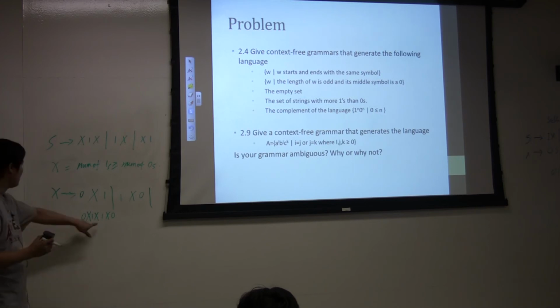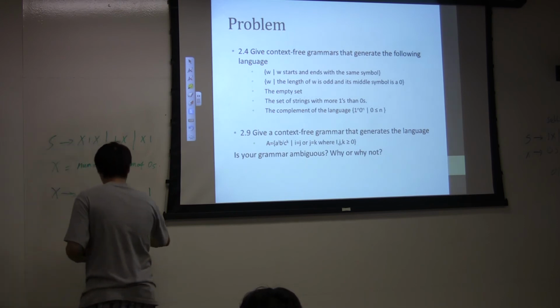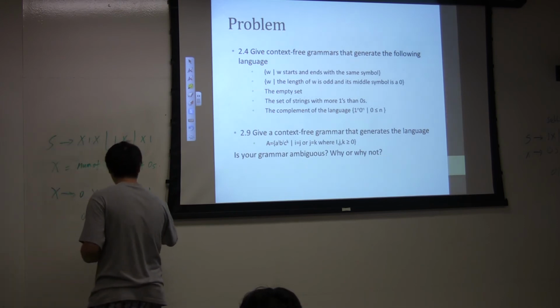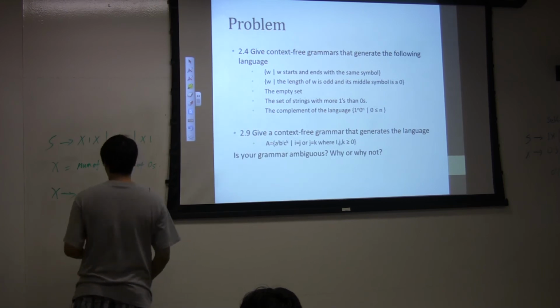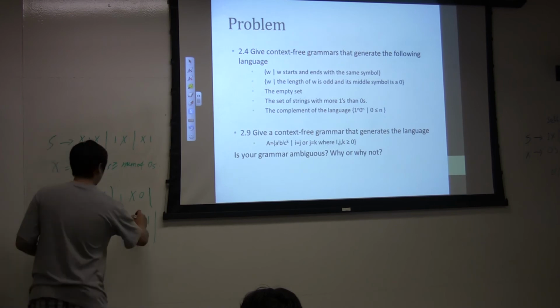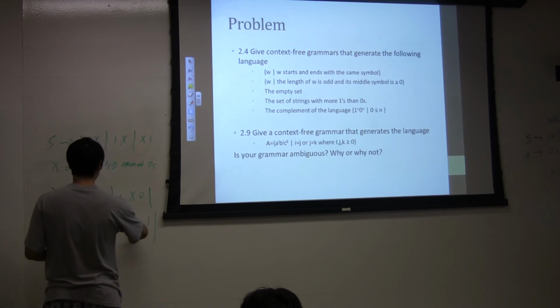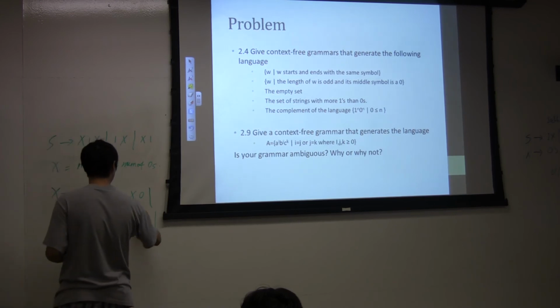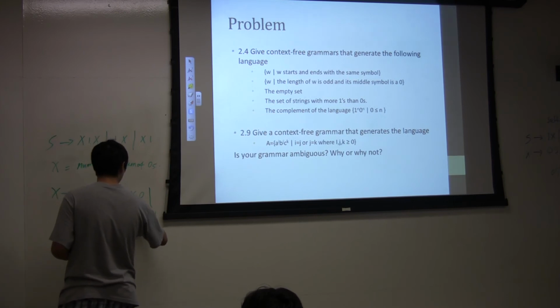There must be at least 2 ones inside. And for the one that starts with 1 and ends with 1, it could be 1 zeros here. There are 2 cases.